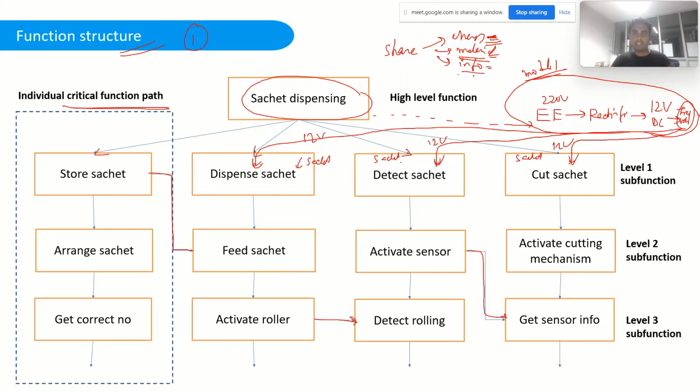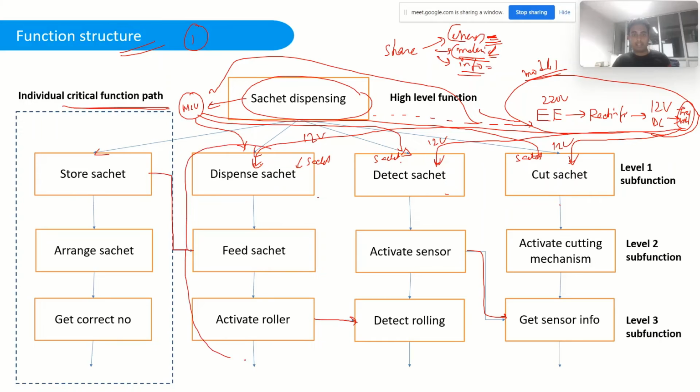Similarly, signal can be one separate unit, a microcontroller unit which also needs 12 volt DC power. This signal is provided to dispense, detect and cut. Because these three blocks share energy, material and information, those can be clubbed into individual functional blocks.